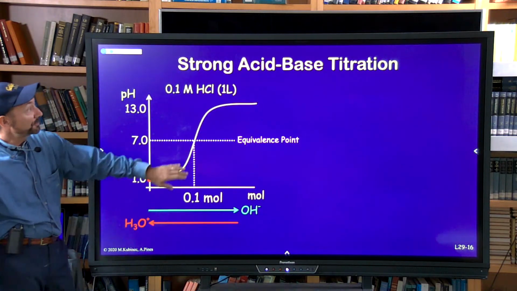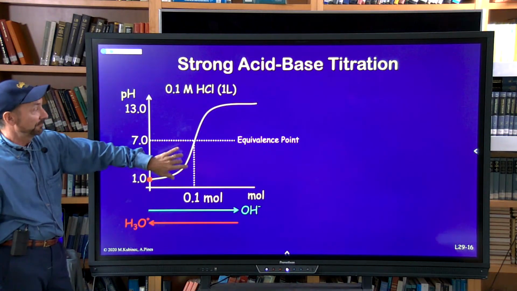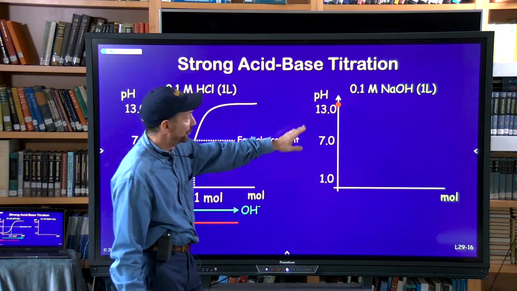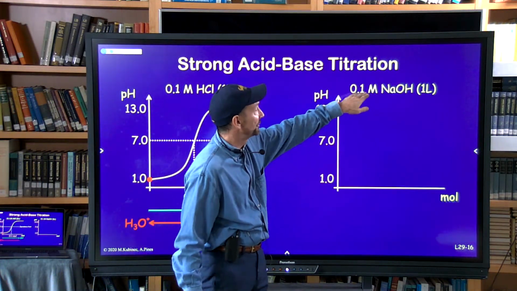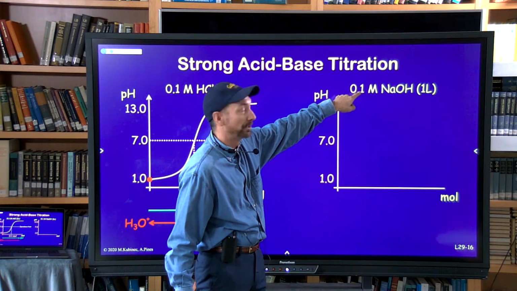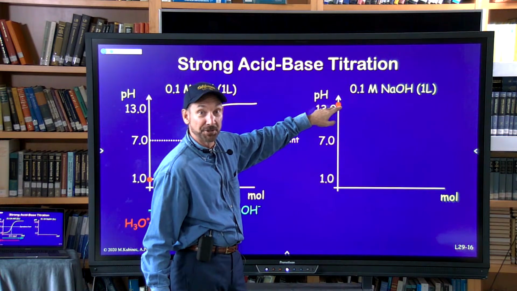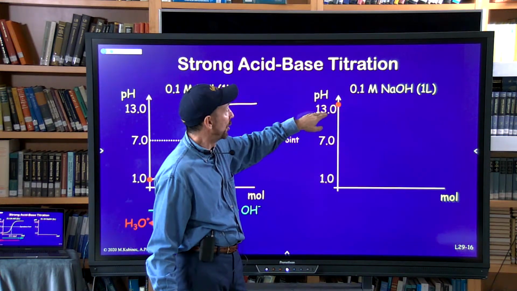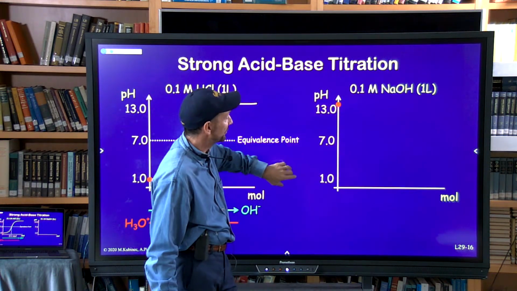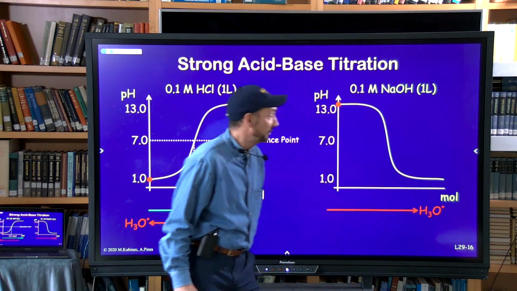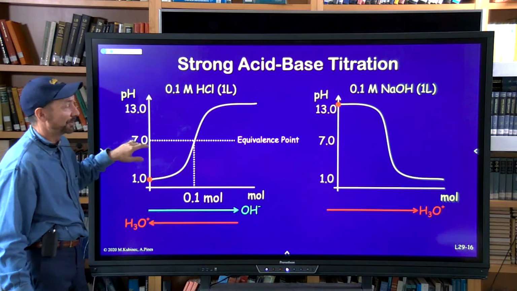So that's the description of what we call a titration curve, and we're going to look at those till you're sick of them. You can do that in the opposite direction. Say you started with 10 to the minus 1 molar base. That means 10 to the minus 13 molar H₃O plus, so pH 13, and you add acid in this case, the mirror image would happen, the reverse would happen.